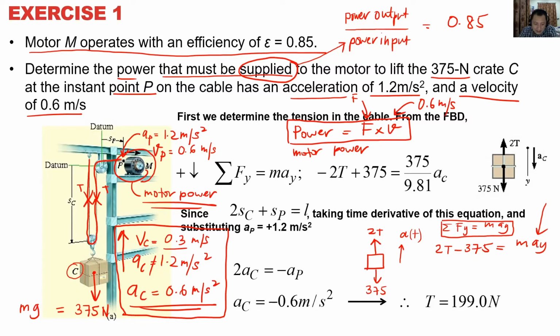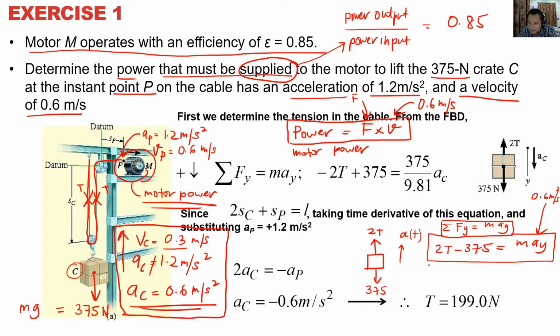This A, you have to use the acceleration of the box, okay? Because you're solving the box. So instant point P has cable acceleration of 1.2. This one you have to use 0.6 meter per second squared.